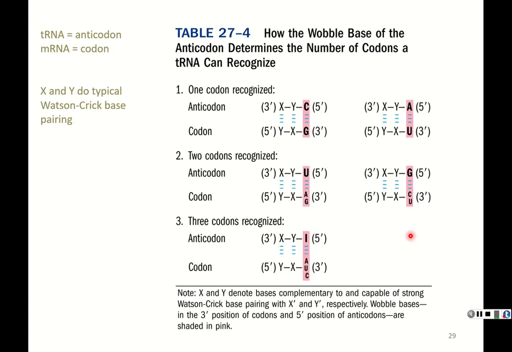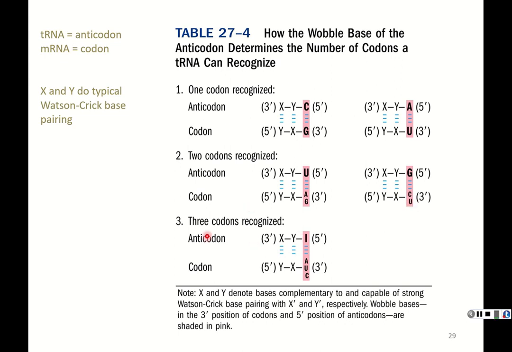So the specific base in the wobble position of an anticodon will determine the number of codons that tRNA can recognize. If the anticodon has a C there, it recognizes one, or an A. Two codons would be recognized if you have a U; it can bind with A or G. If you have a G in that position, also two, it can bind with C or U of the codon.